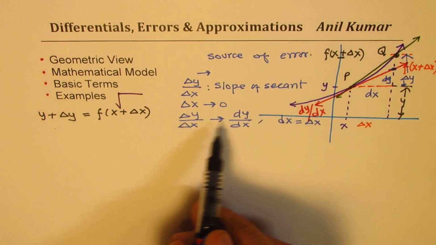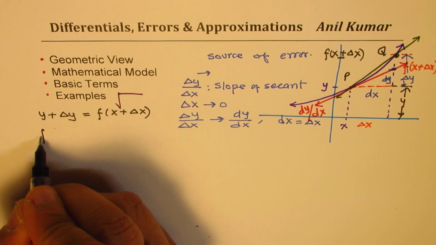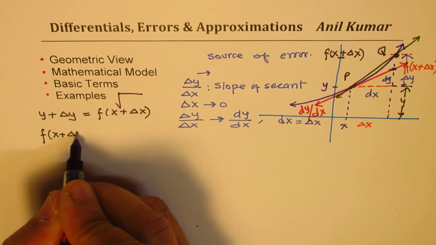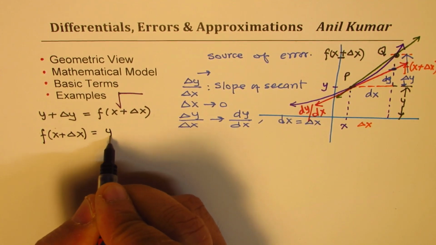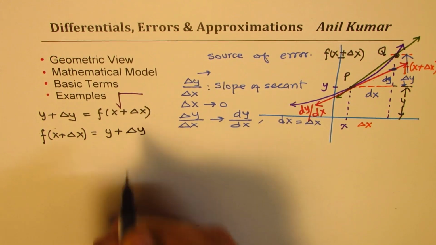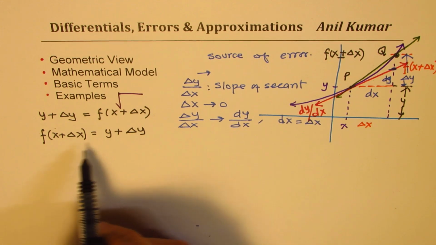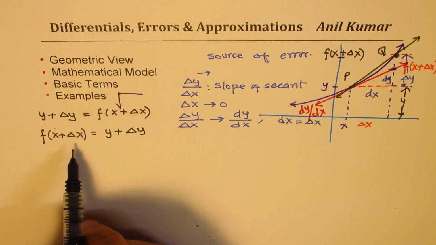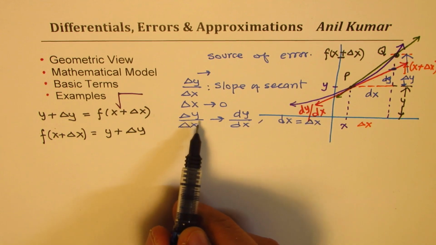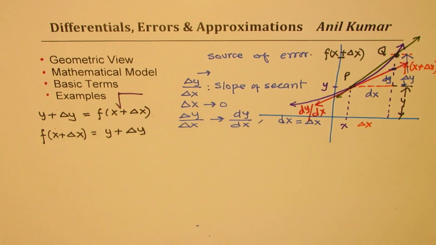So combining these two, we can say f of x plus delta x is equal to y plus delta y. Now in this particular case, as you can see, if we have delta y from here, let me just draw a line here.